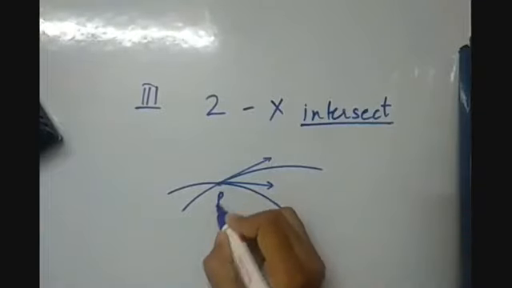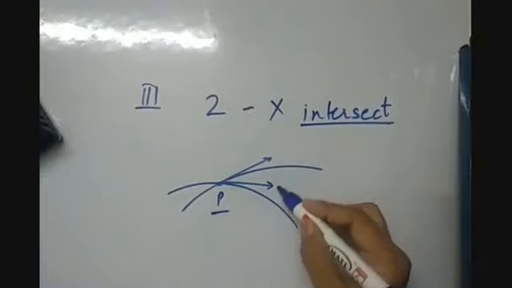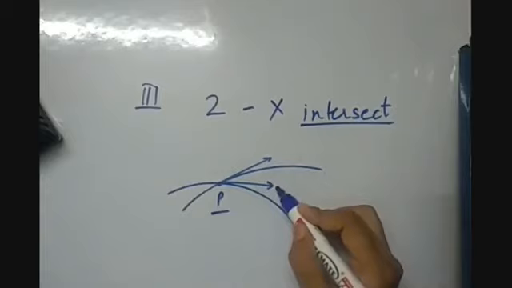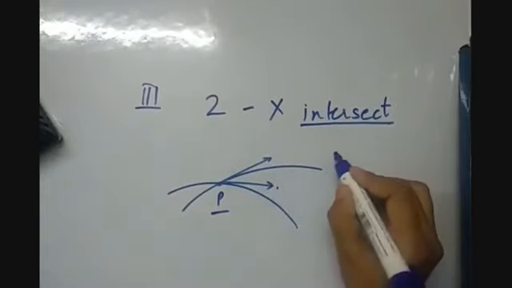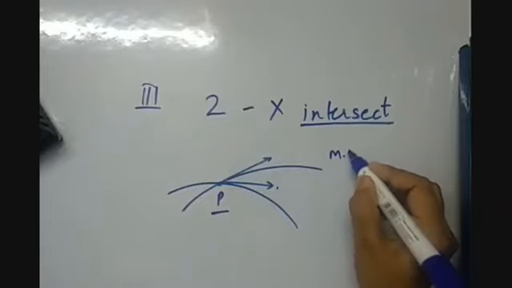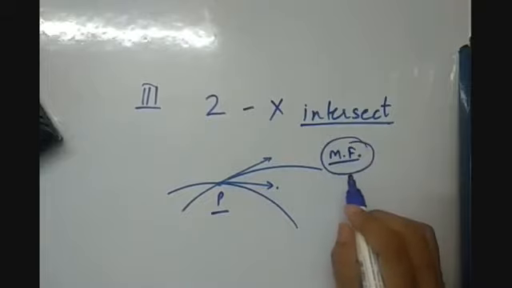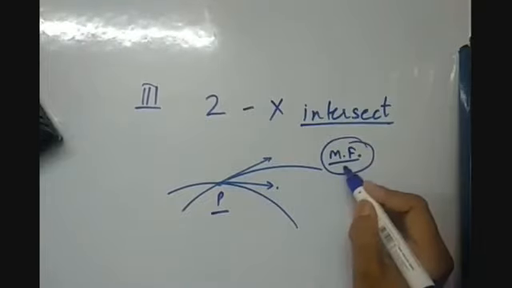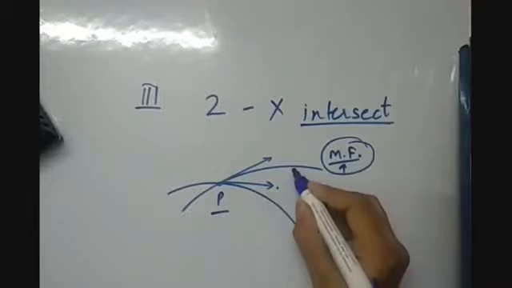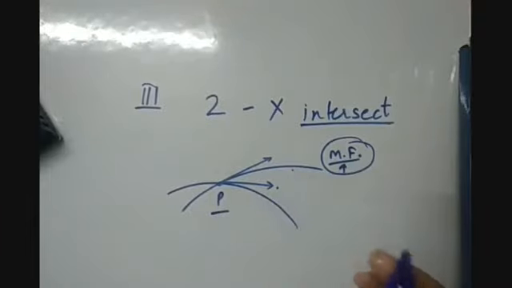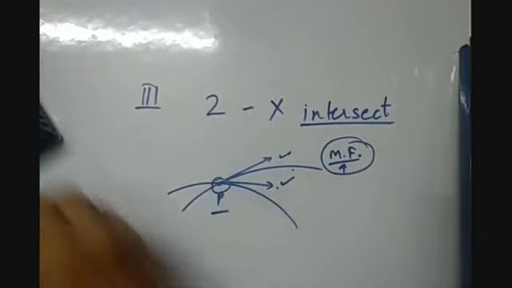At a point, magnetic field cannot give two directions because we are talking about a single magnetic field, the magnetic field of one particular magnet, and the magnetic field lines of that magnet can never intersect each other because it is not possible to have two directions of magnetic field at a particular point.